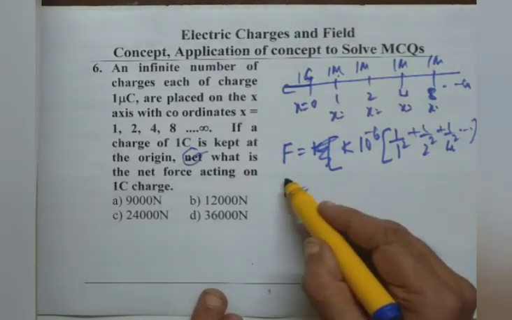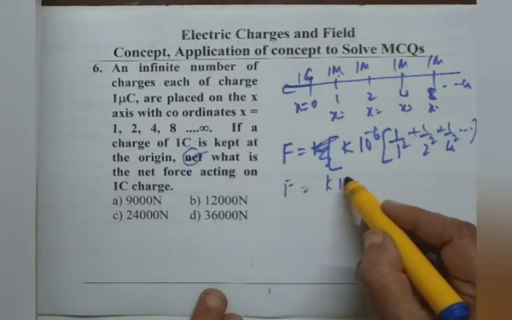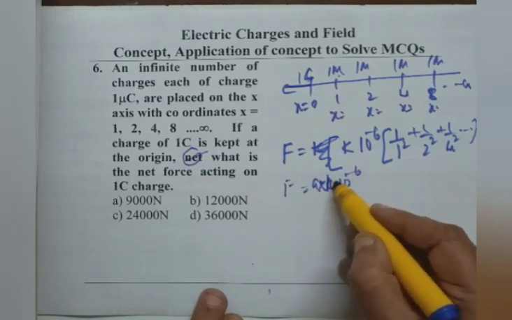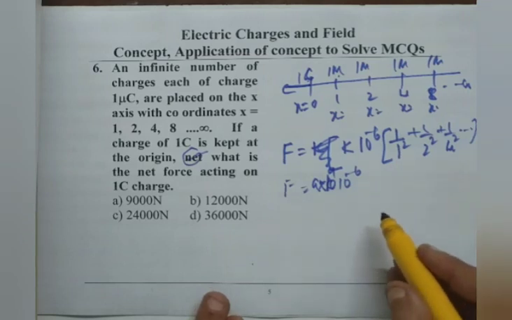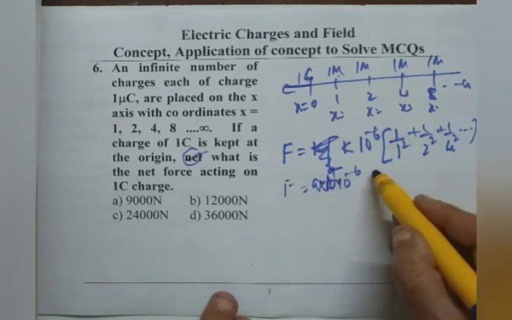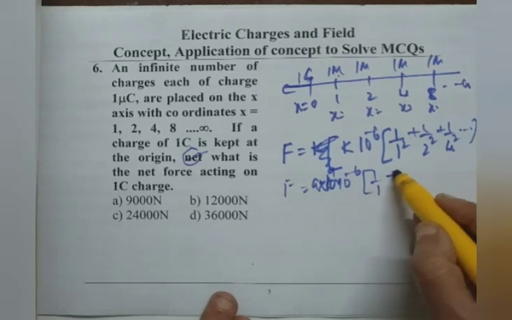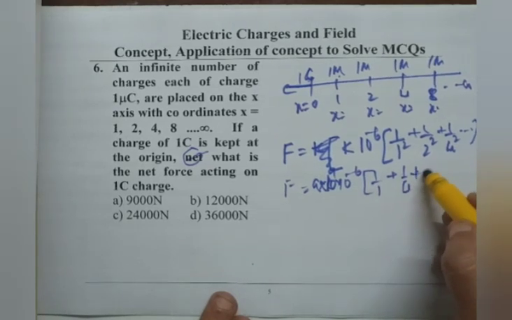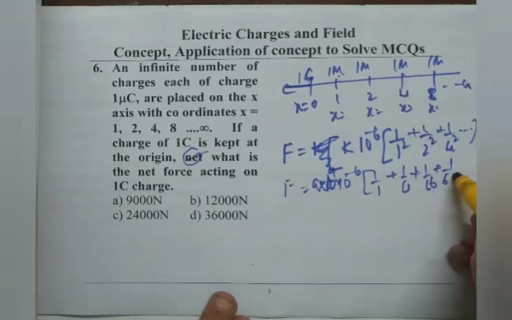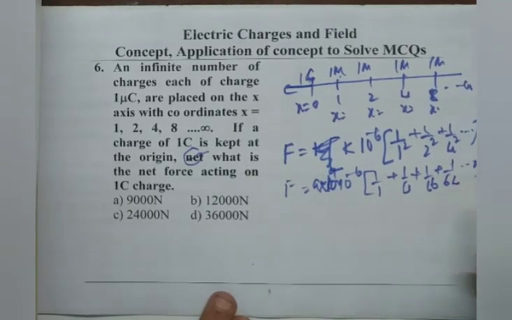Observe, now we write k into 10 raised to minus 6, and k can be written as 9 into 10 raised to 9, as we know for air. And here observe, 1 plus 1 by 4, 1 by 16. Next term, if we write, 1 by 64, it goes up to infinity.